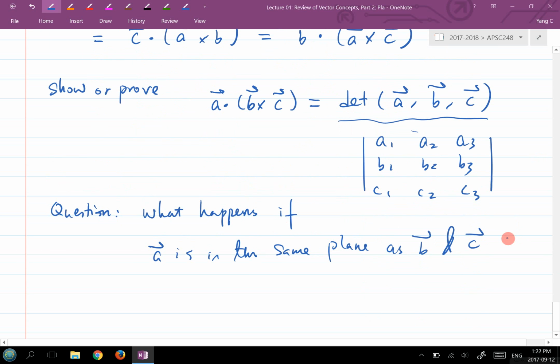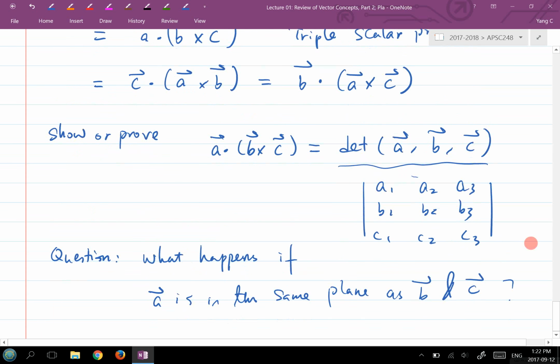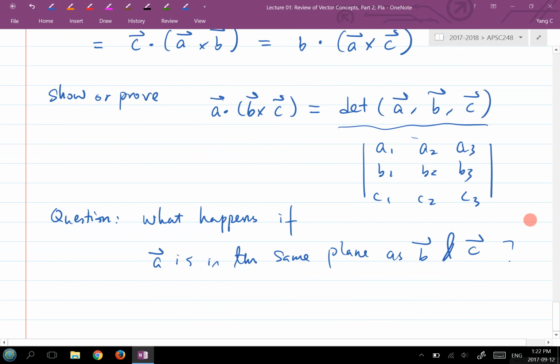What happens if this vector A is actually in the same plane as B and C? Zero, exactly. The volume becomes 0. The idea is quite simple. Of course there's 0 volume, but you can also relate it to the linear algebra concept here.